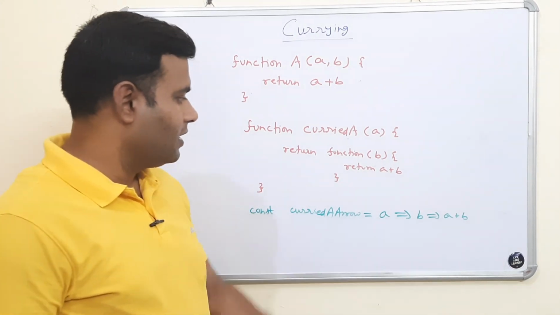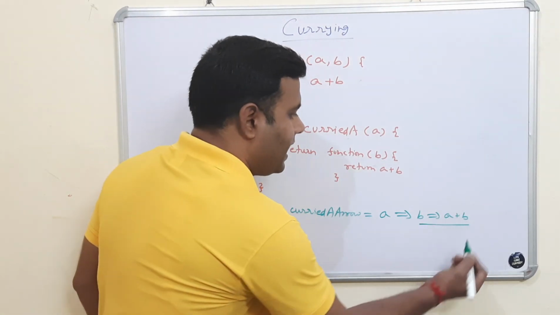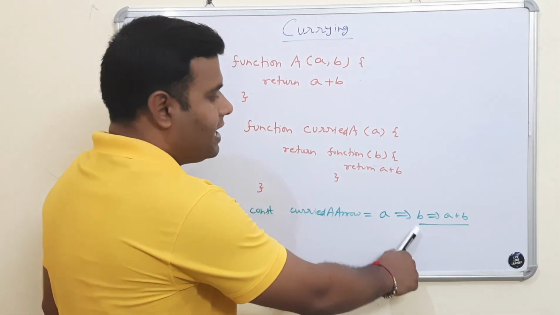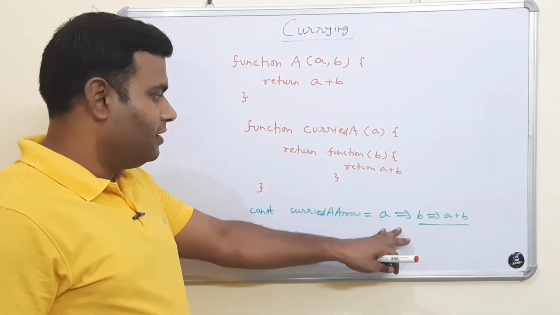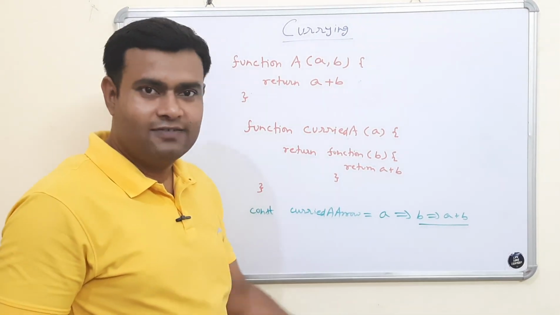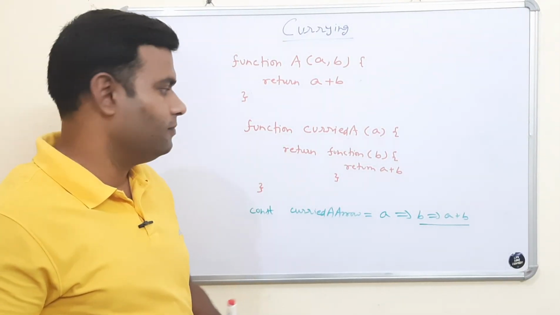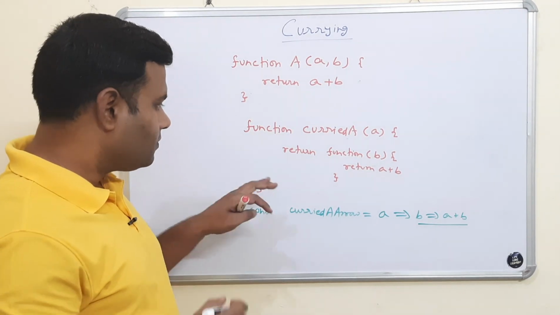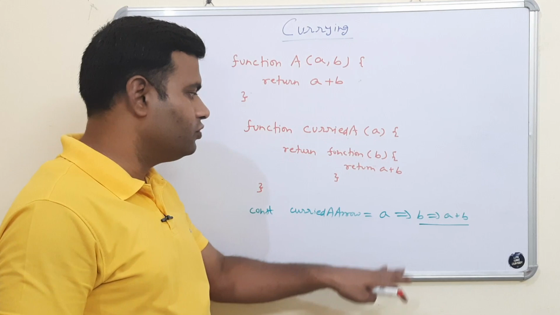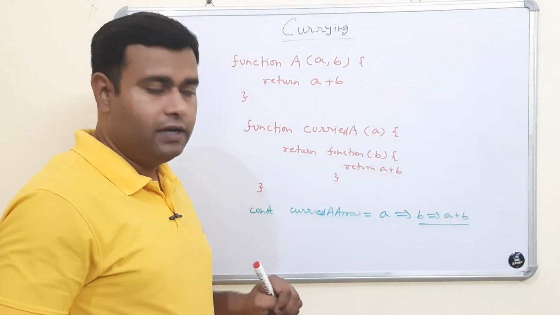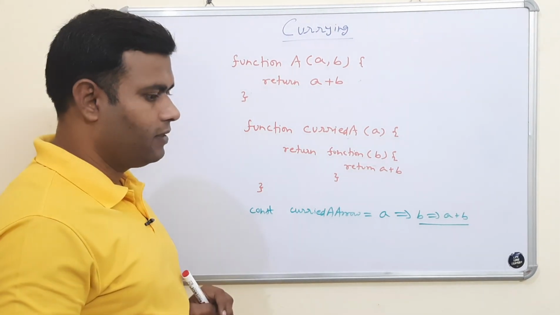A very simple line: an arrow function which returns this function, and this function takes one more parameter B and returns A plus B. So in future, I'm sure you will not worry about this type of syntax. You can guess this is a curried version of a function. So we have seen what is currying and its representation with an arrow function, so that it is written in a simple form. Now let's talk about the advantages of currying.